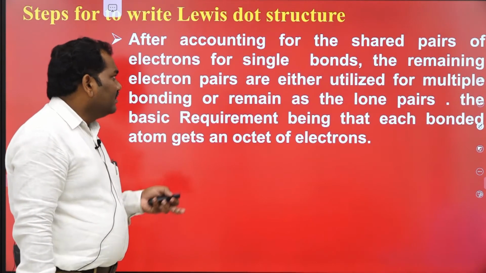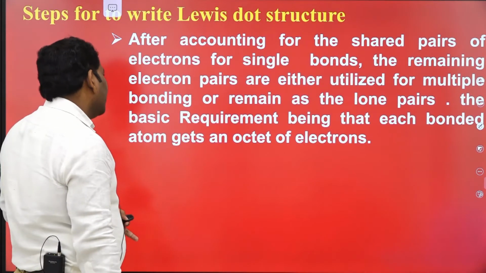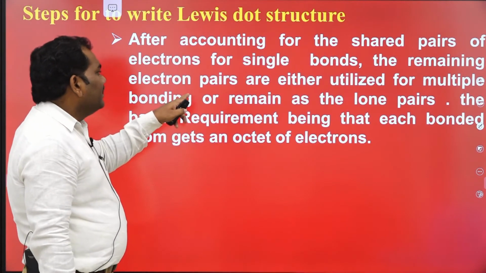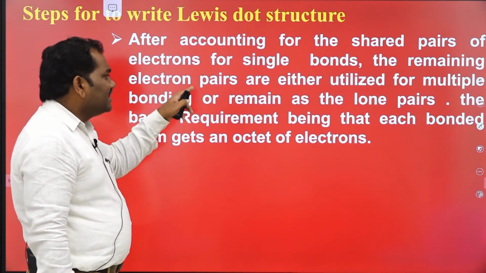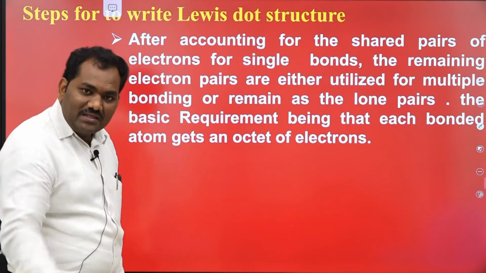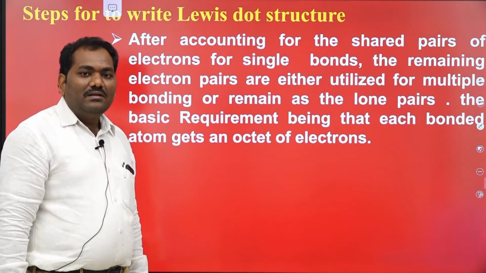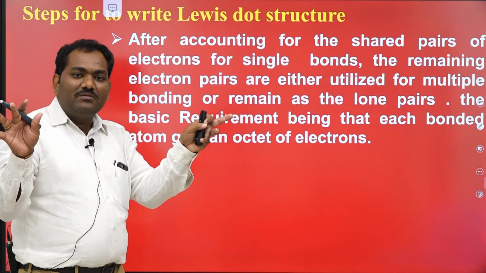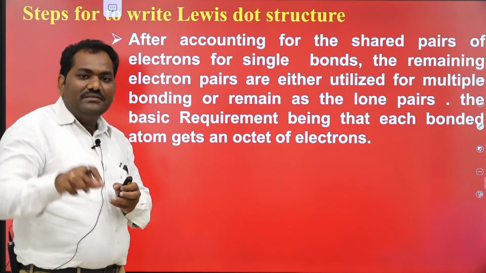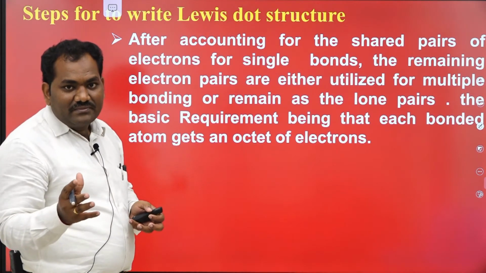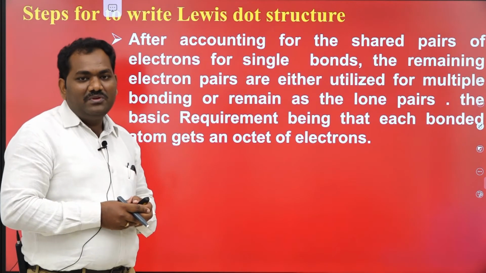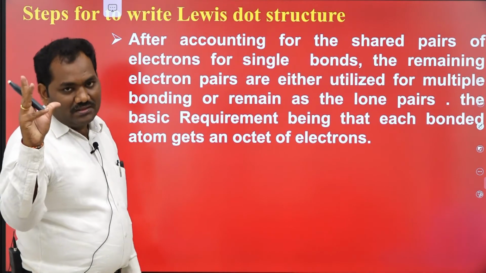And the next point is, after accounting for the shared pairs of electrons for single bonds, the remaining electron pairs are utilized either for multiple bonds or lone pairs of electrons, according to their octet configuration.